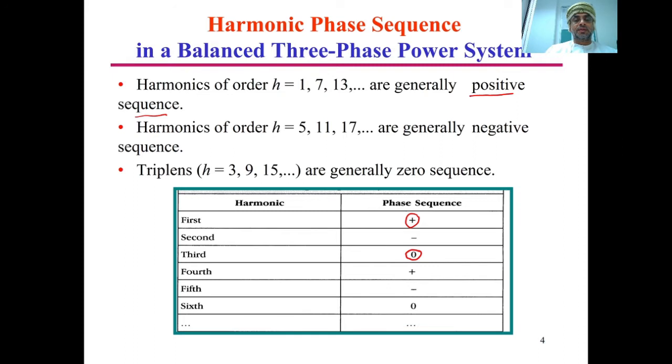Then if you look at the positive, it will be first, fourth, seventh, and so on. The negative sequence will be the second, 5th, 11th, and so on. And those are generally the zero sequence, which is the tripling.